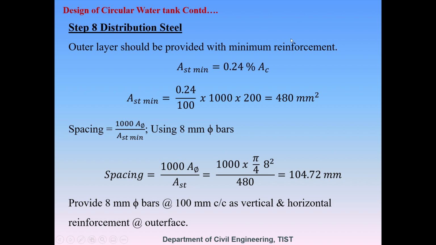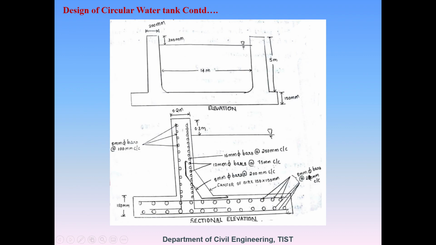This AST minimum is 480. Then providing 8 mm diameter bars, spacing is 104.72 mm. So we can provide 8 mm diameter bars at 100 mm center to center as vertical and horizontal reinforcement at the outer face, like this.